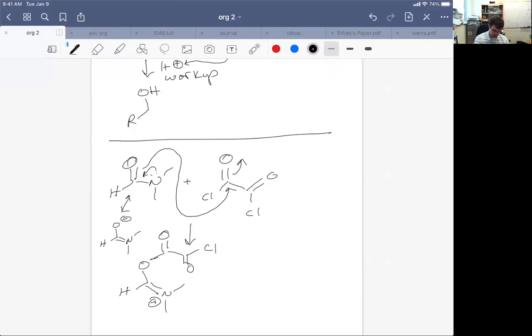I forgot the tetrahedral intermediate, goodness me. I can make this species, which can come down to eject chlorine. And we're kind of mixing everything together now. We've got acid chlorides reacting with nucleophiles, and we've got amides reacting as nucleophiles in this one-off case.